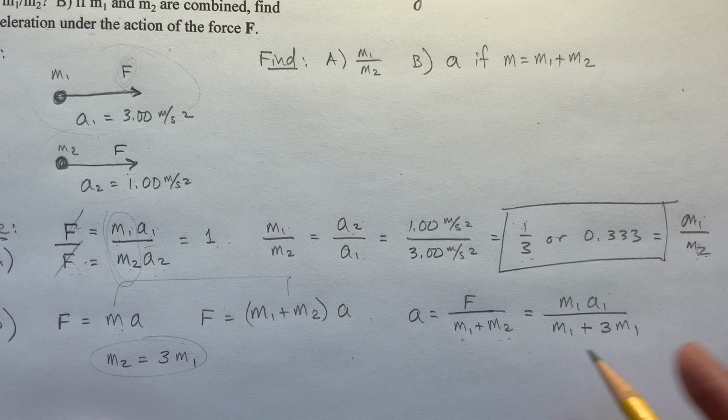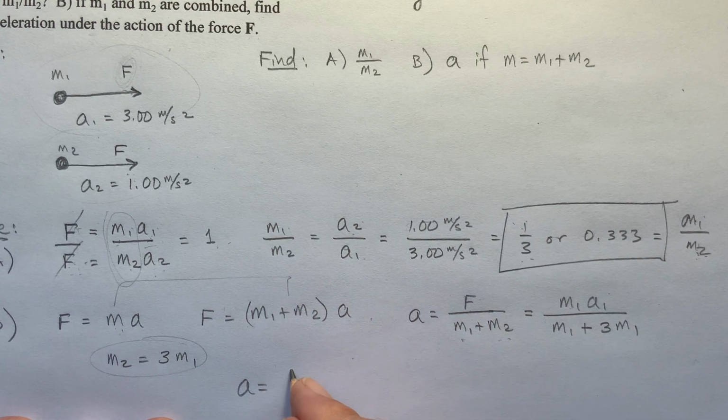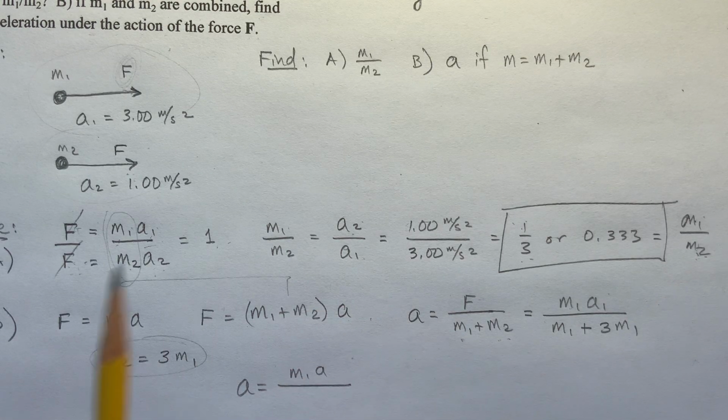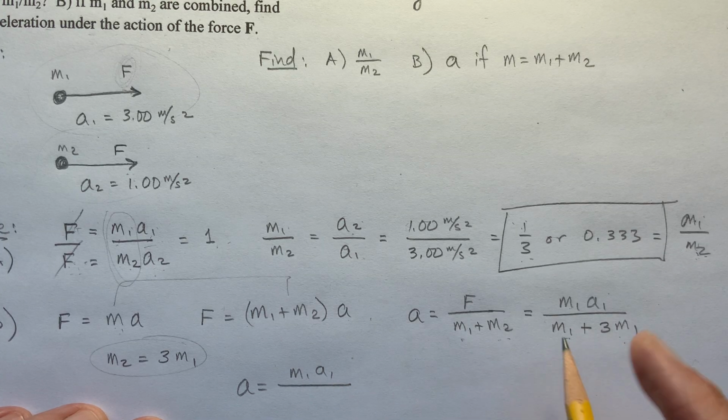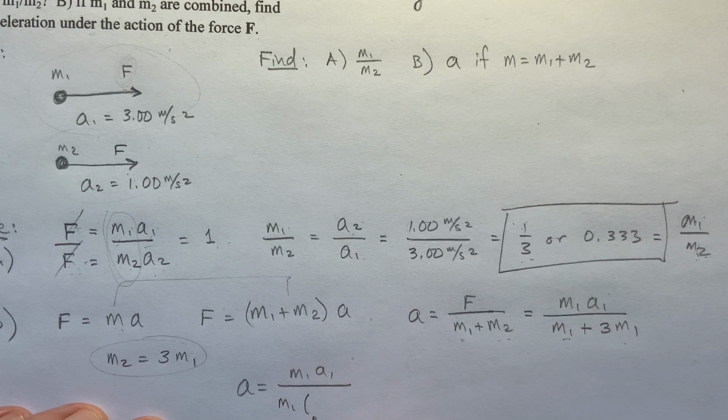So now we can say this is m1 over, over a1. Oh, that's right, a1. And then I can factor out an m1 here. This is m1 times 1 plus 3. So the m1 cancels. Now a1, we know what a1 is. a1 is 3 meters per second squared.